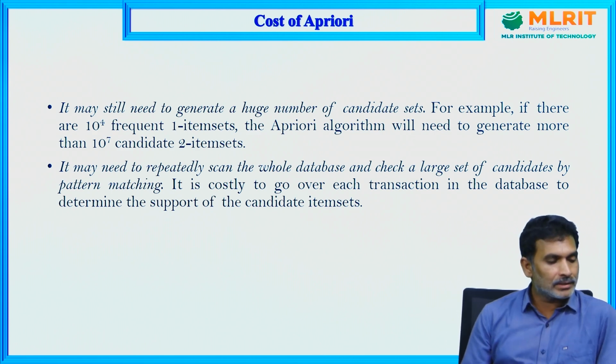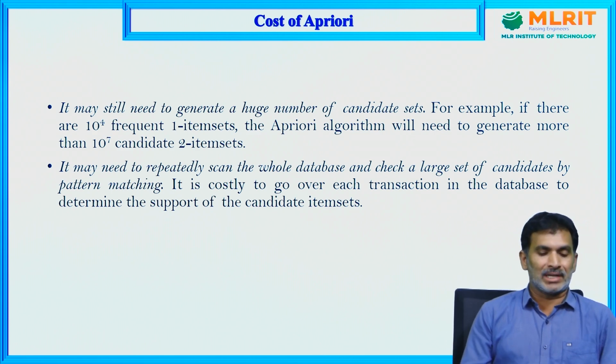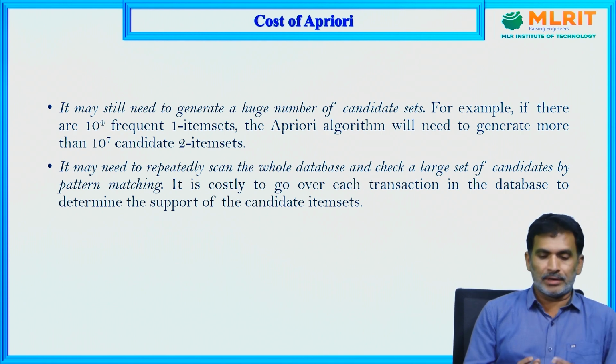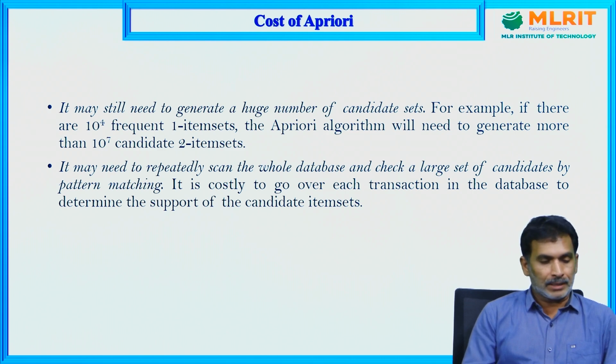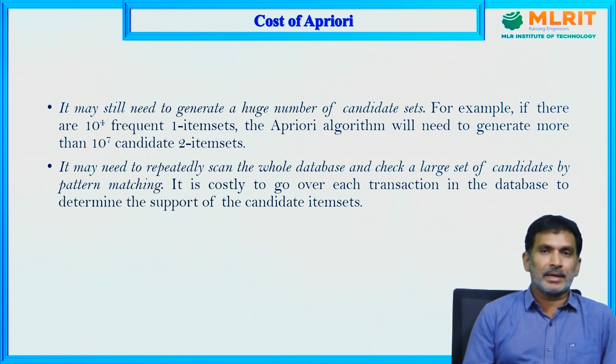The first one is it may still need to generate a huge number of candidate sets. Though we discussed different versions of Apriori, like partition, sampling, etc., but still need to generate a huge number of candidate sets.